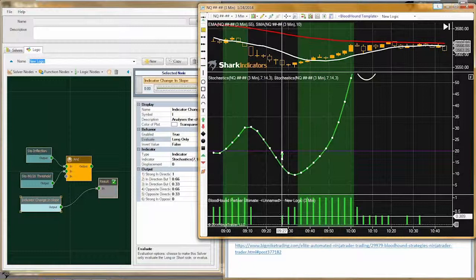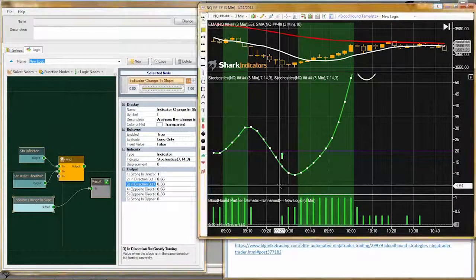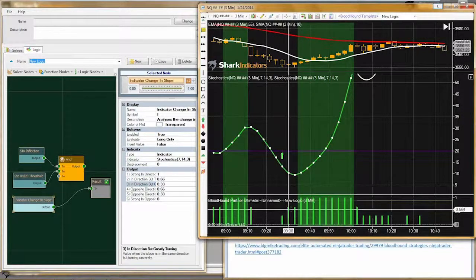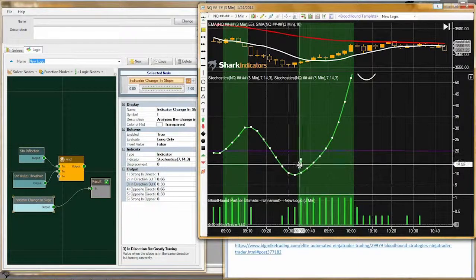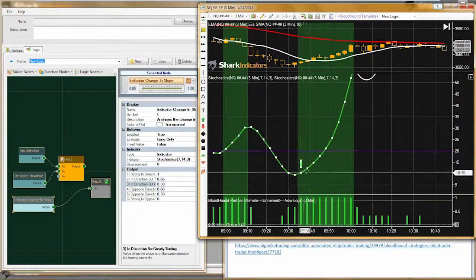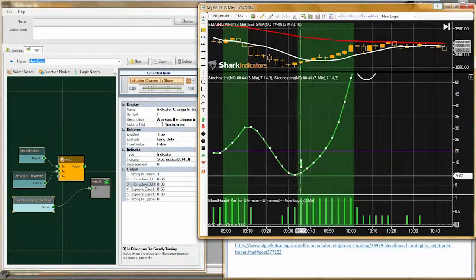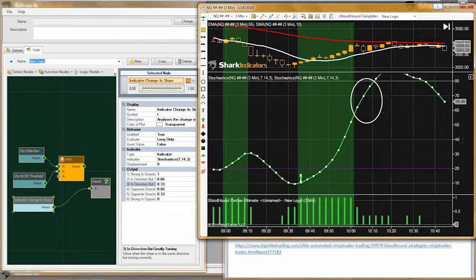As it's beginning to turn up, the output of the default settings here, these default outputs, you can see that the long side is beginning to increase until finally, right here, the slope is actually sloping up. And we can see, let me pull this down a little bit, that the steepness of the stochastic is continuing to increase and increase and increase.